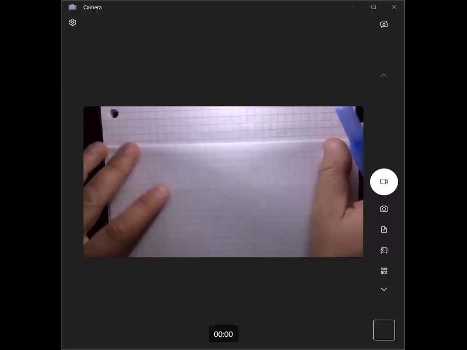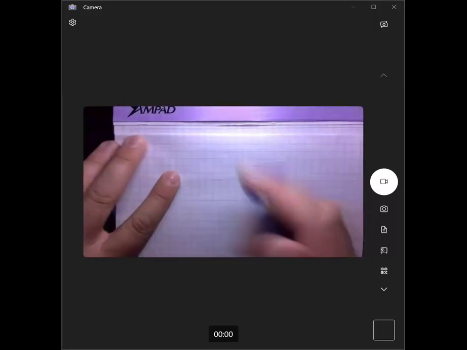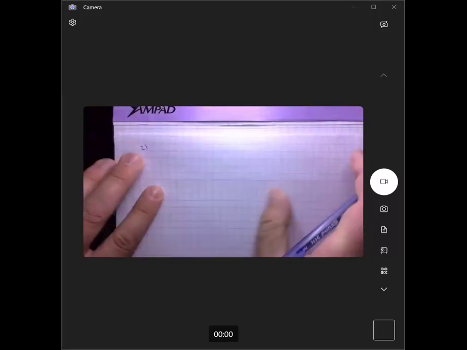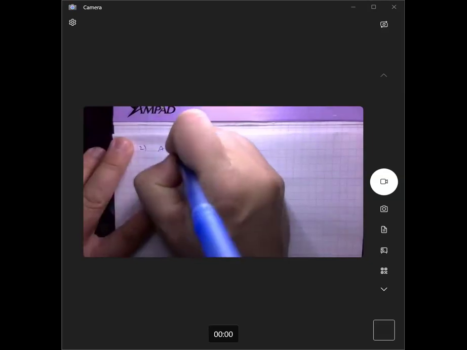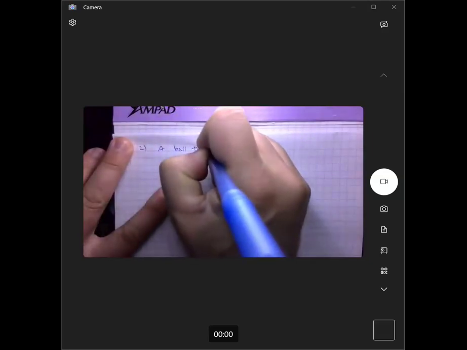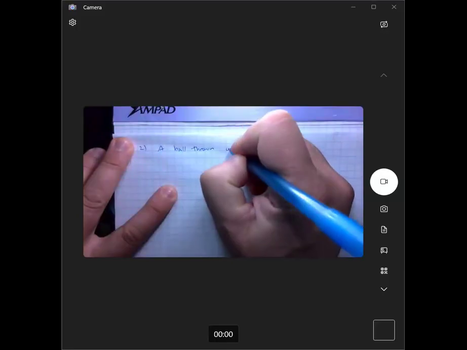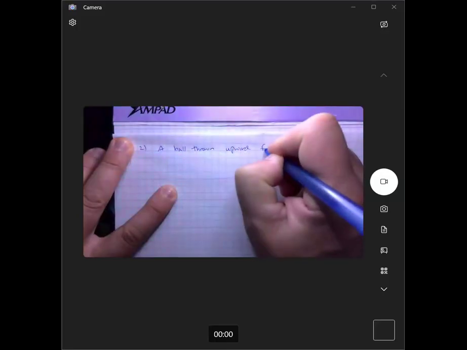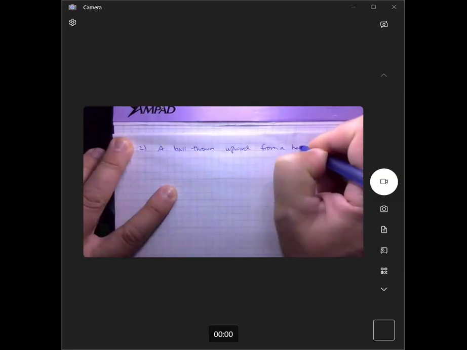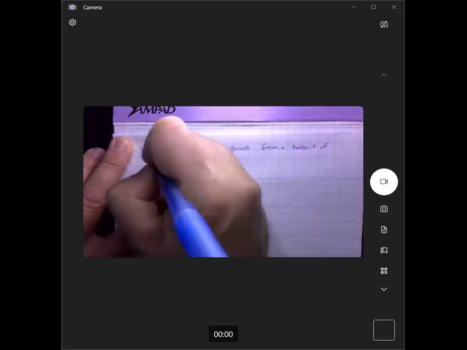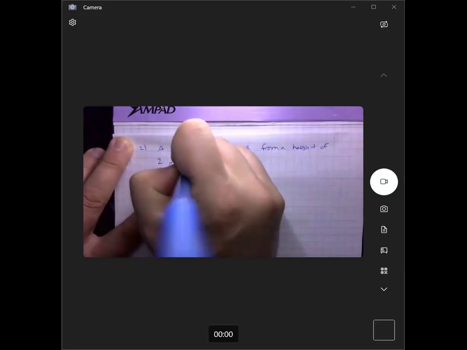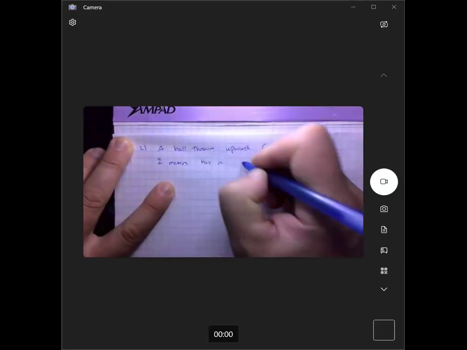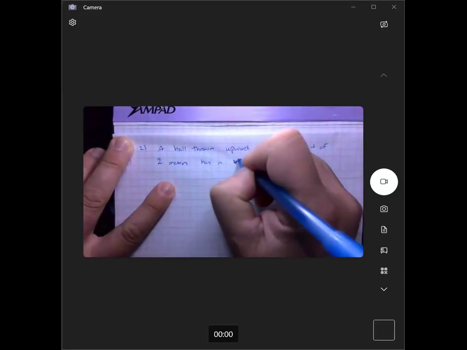such as a ball thrown upward from a height of 2 meters has a vertical trajectory.